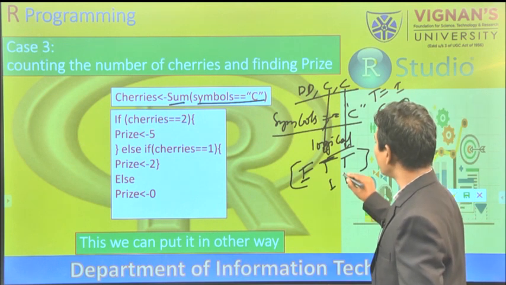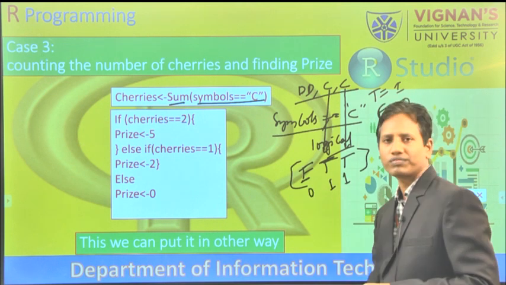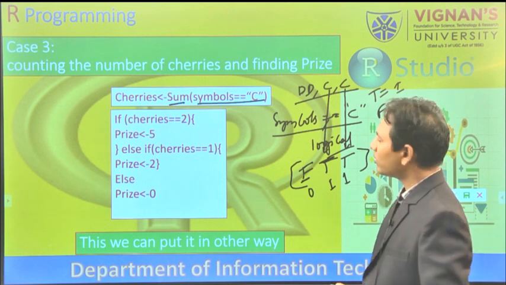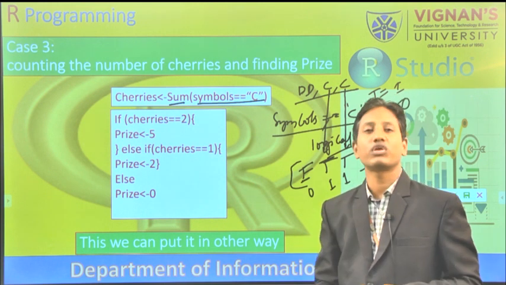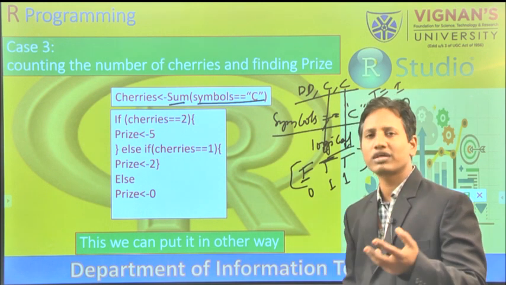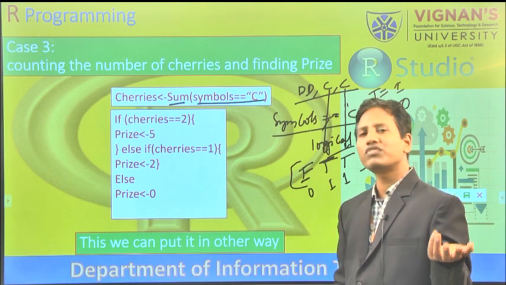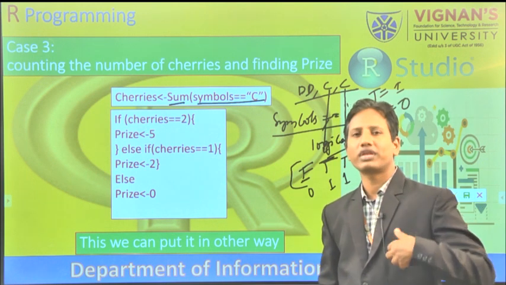So here it's going to be 1, 1 and 0. Okay. So this is the advantage of the logical operator, because logical operator returns a logical vector, and logical vectors are converted into numericals automatically.